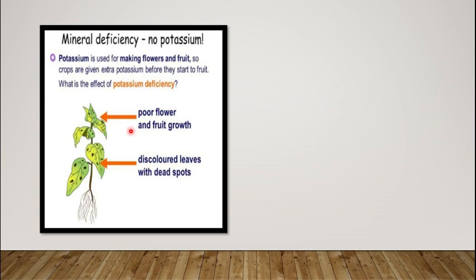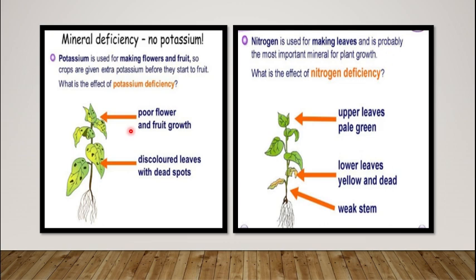The next is a very important one, that is nitrogen. Nitrogen is used for making leaves and it is probably the most important mineral. Why? Because it helps plant growth. So its deficiency effects are shown here. If you notice the picture of the plant carefully, you see first, the weak stem. Nitrogen deficiency, the stem becomes weak.